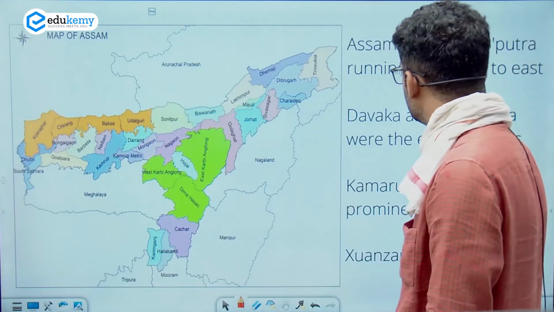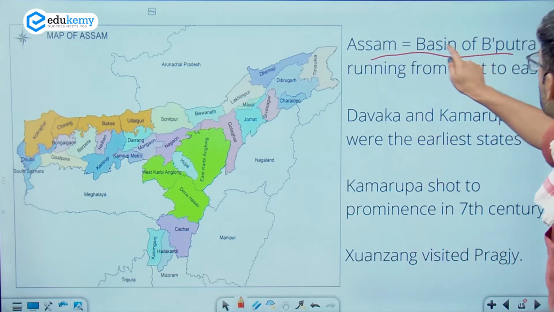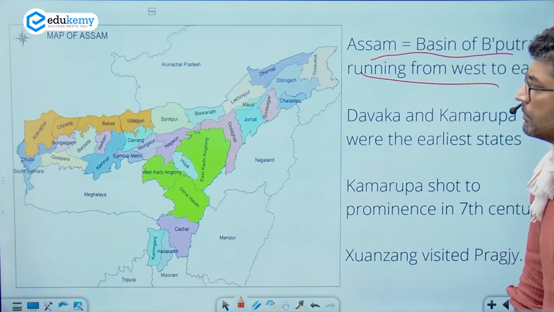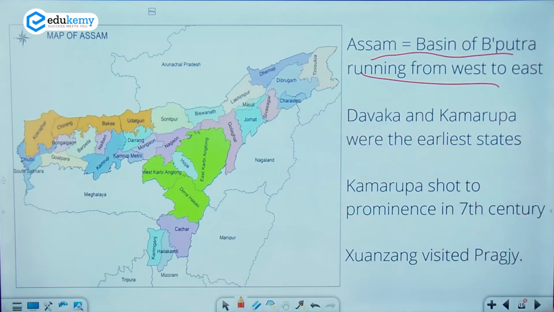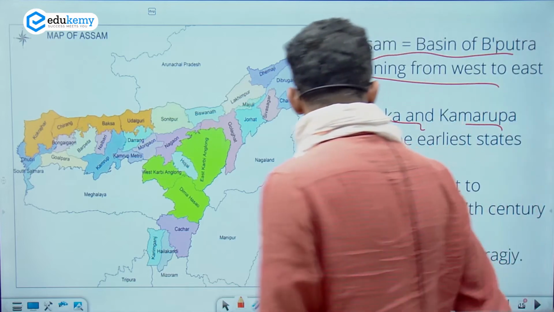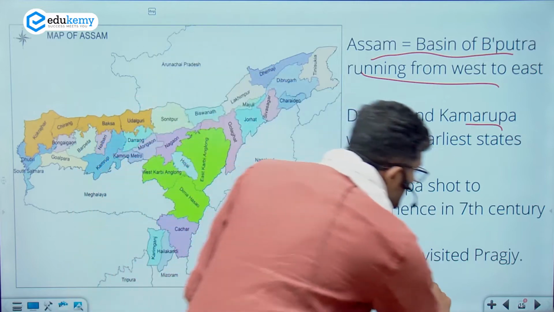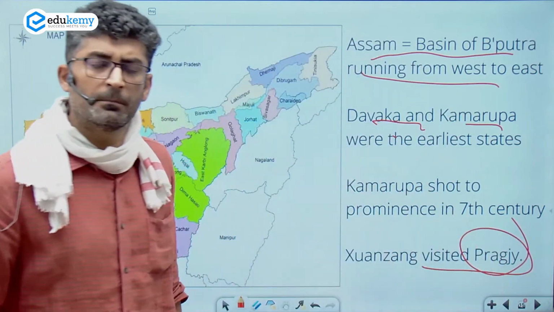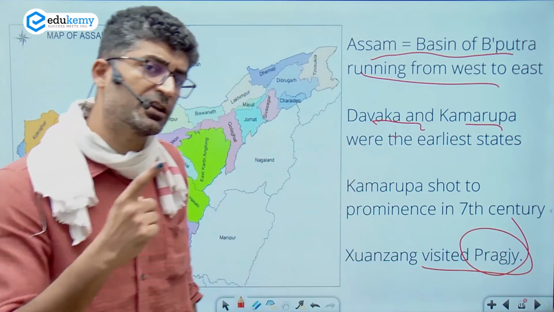This is the map you should be focusing upon now. Assam is primarily the basin of the Brahmaputra, running from west to east. That is Assam. Davak and Kamarup were the earliest states. Huansang visited the capital, Prag Jyotishpur. The dynasty's name was Prag Jyotish.